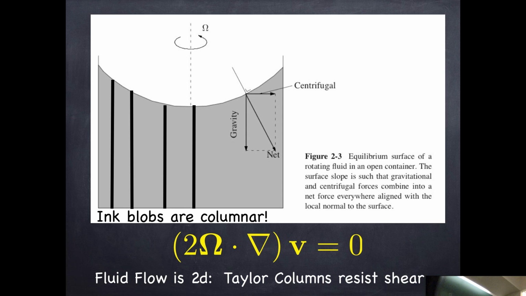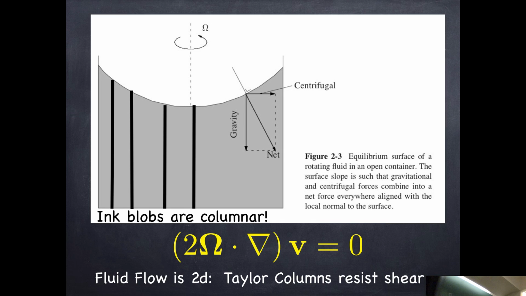So here are some Taylor columns that I've drawn on top. Why are they in this direction? Is it because of the direction of gravity, or the direction of the net centrifugal plus gravity, or the direction of the axis of rotation? It's the axis of rotation.